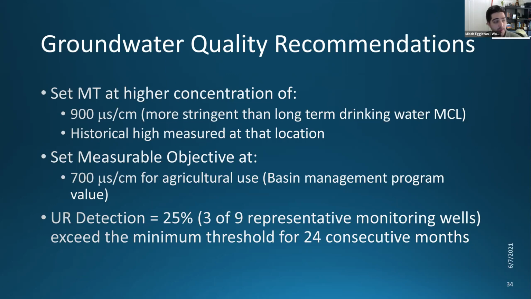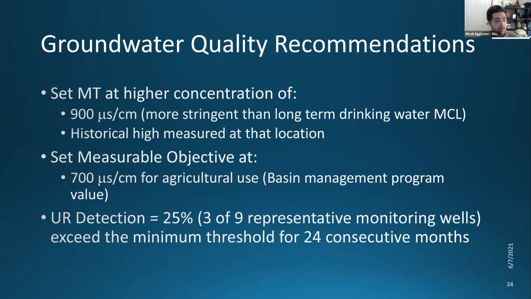And an undesirable result detection would be 25%, or 3 of the 9 representative wells exceeding the minimum threshold for 24 consecutive months. And again, this is with the understanding that as we collect more information over the next 5 years during implementation, these can be revised at that 5-year update.